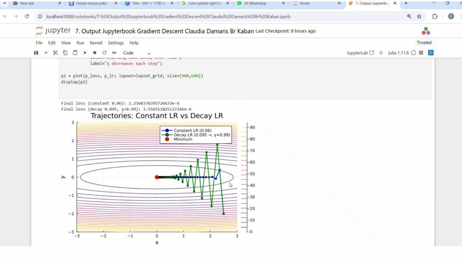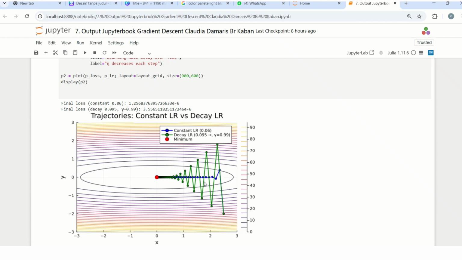we can see that the blue one is the constant learning rate gradient descent, whereas the green one is using decayed learning rate. With the blue one, the constant learning rate is 0.06, whereas the green one with decayed learning rate is at first 0.095 and then decays by a factor of 0.99 each iteration.